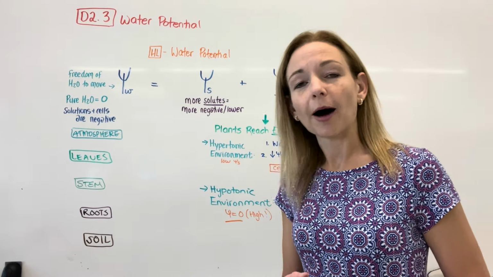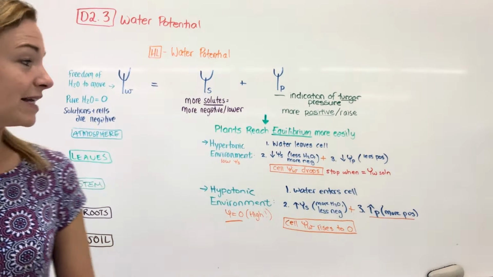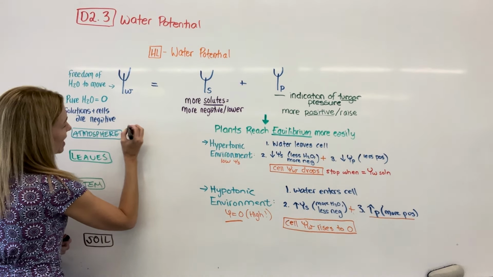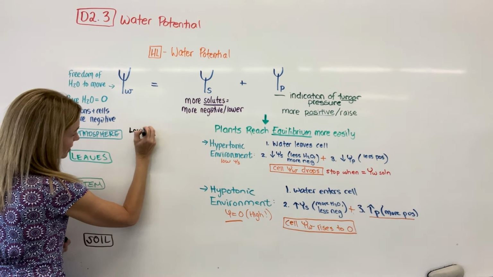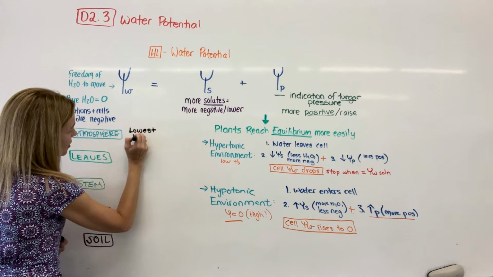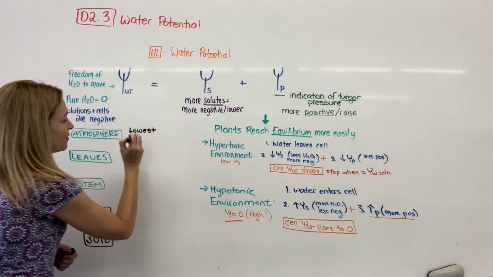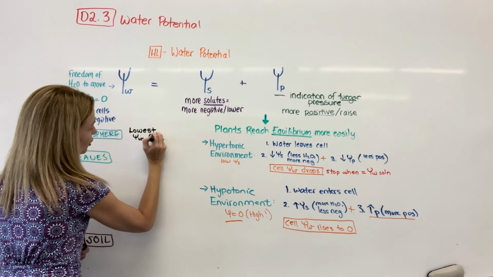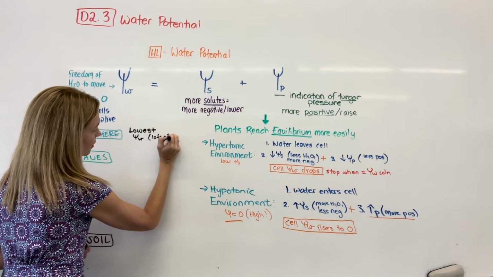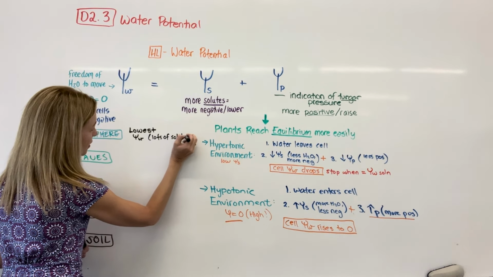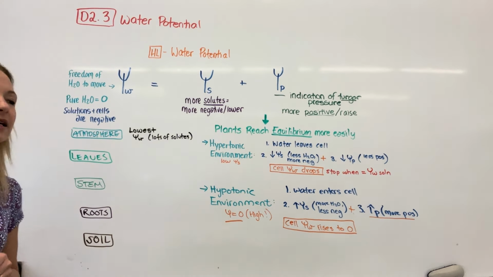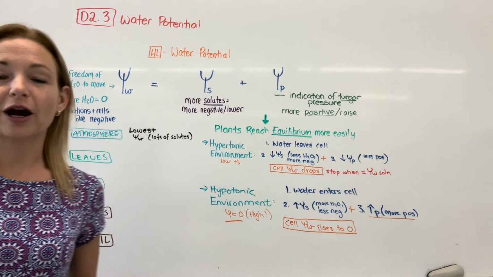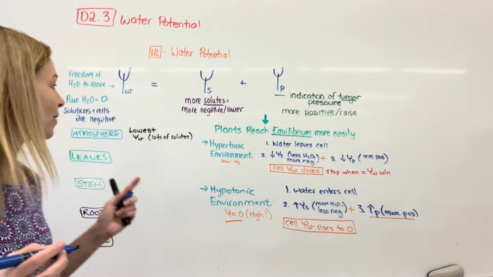Okay, so all of this is going to need to be such that we can move water up. So first of all, we need to state that the atmosphere always has the lowest water potential because there are a lot of solutes. So lots of solutes, little water. As a result, it is going to pull water out because water goes from high to low.